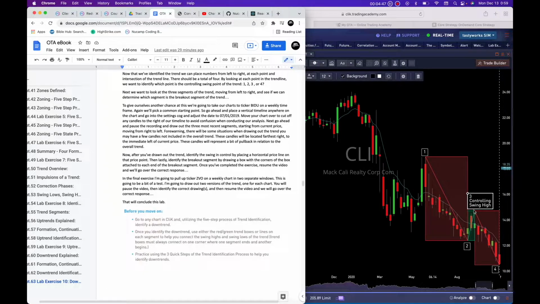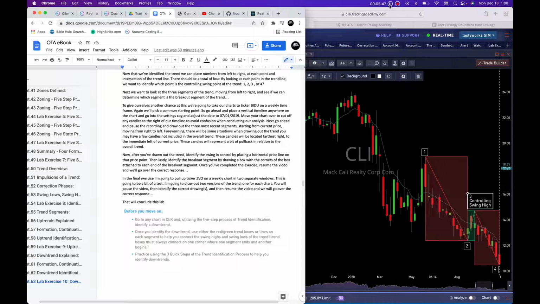All right, also recall that the controlling swing will always be located between the low and the last segment in the downtrend. Okay. Also recall that if price were to ever move back up and cross above the controlling swing high, then the downtrend would be discontinued.